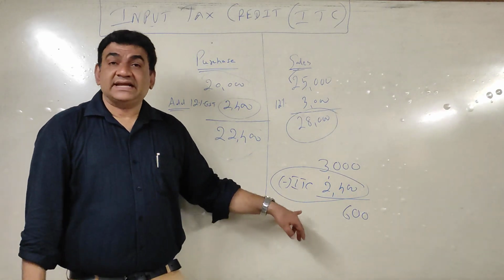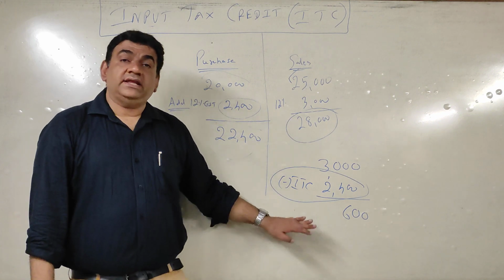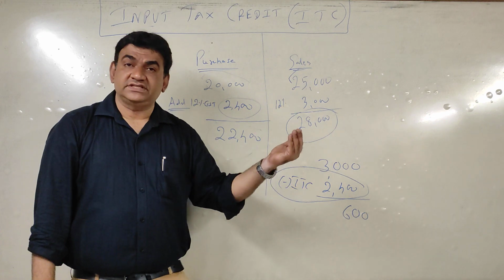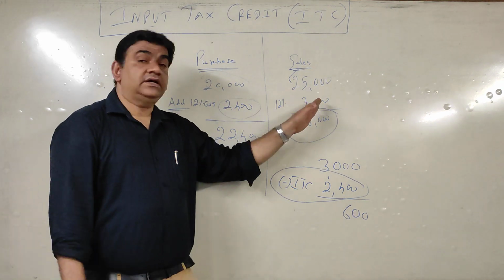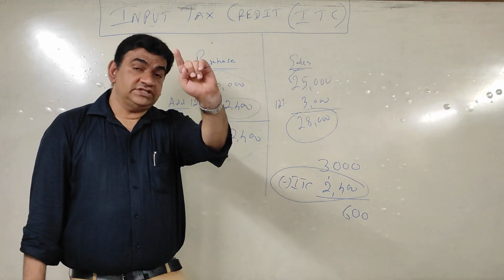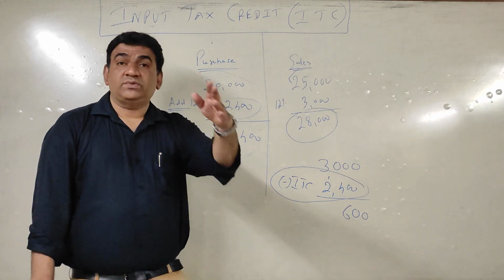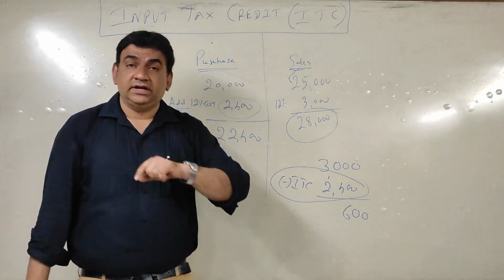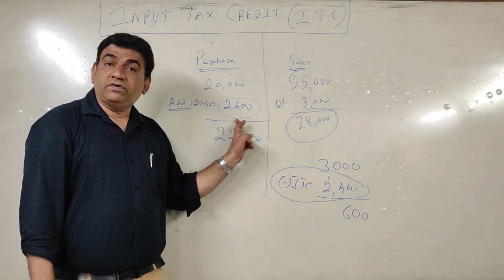So input tax credit is nothing but, indirectly you can say, credit paid on purchase of goods or services which further you are going to use for the business. Very first day there were advantages of GST. It removes the cascading effect. Cascading means what? You have already paid 2,400.